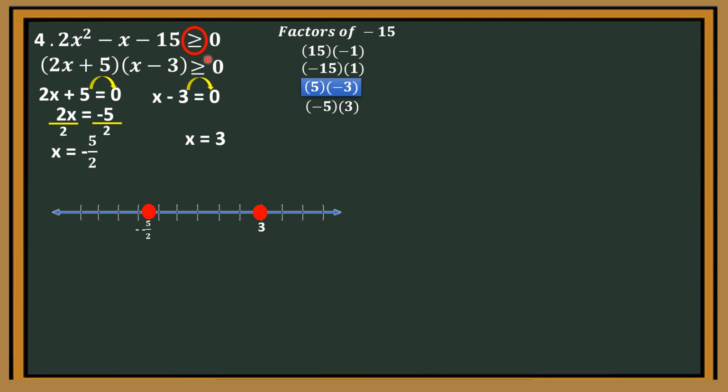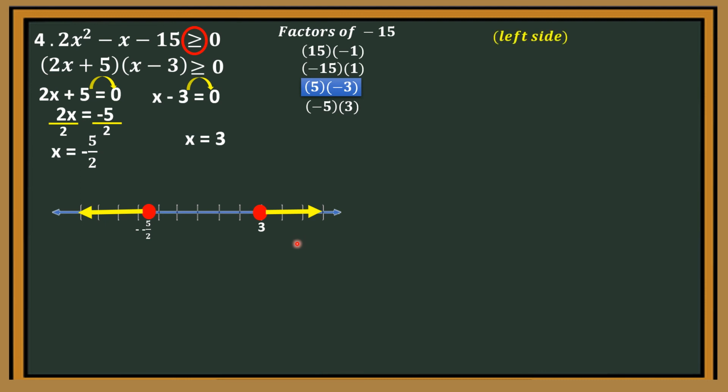Since ang ginamit natin ay greater than or equal to, both side. So, pwede natin yan i-check. Kailangan nating i-check yung left side, center, at right side. Actually, pwede kayong hindi mag-check para mas maikli. Pero para sigurado, i-check nyo.